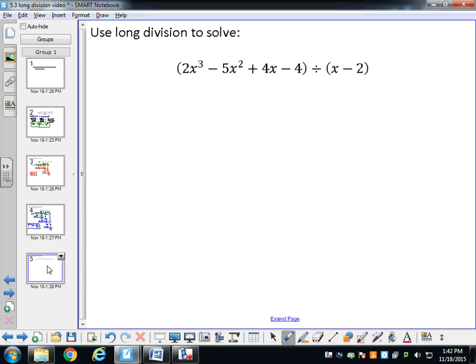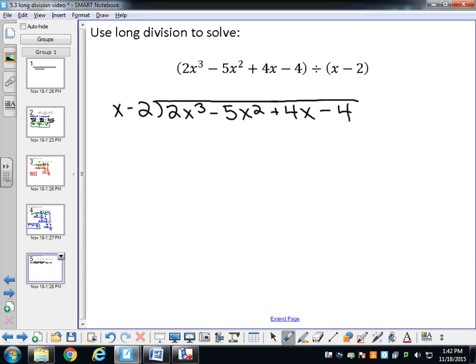Last example, use long division to solve 2x cubed minus 5x squared plus 4x minus 4 divided by x minus 2. When we go to set it up, x minus 2, 2x cubed minus 5x squared plus 4x minus 4.